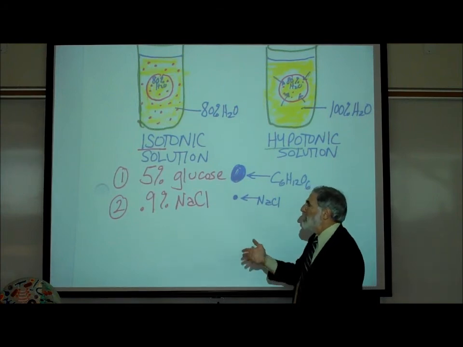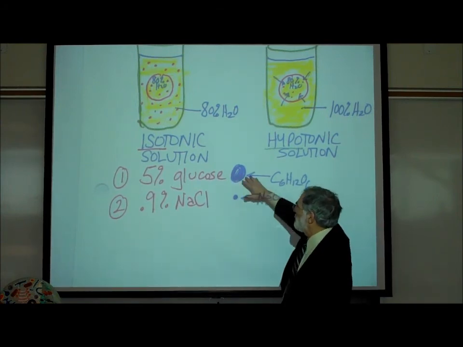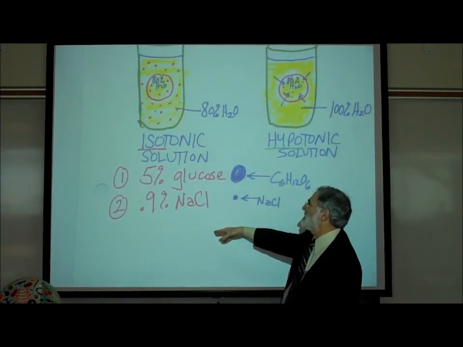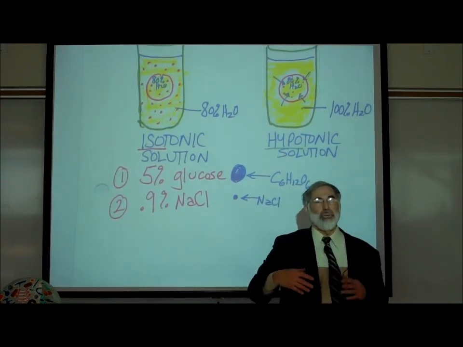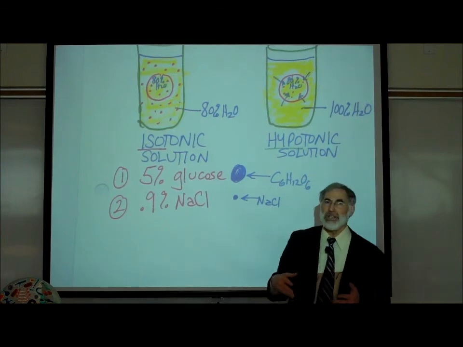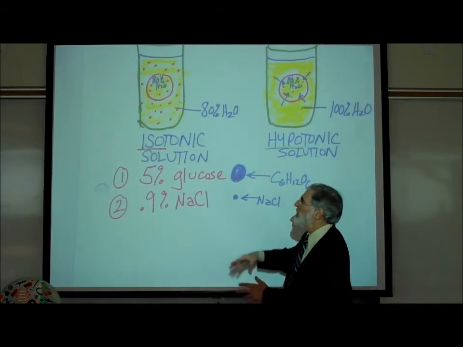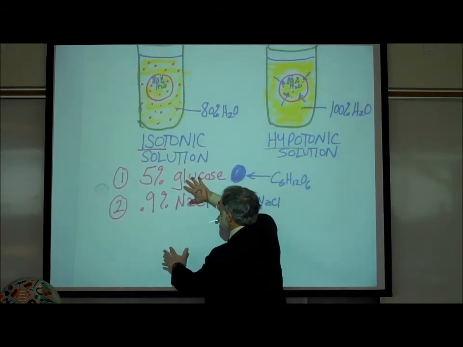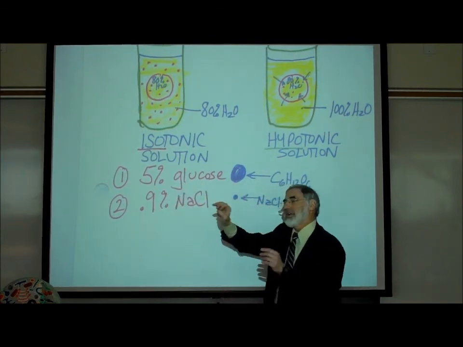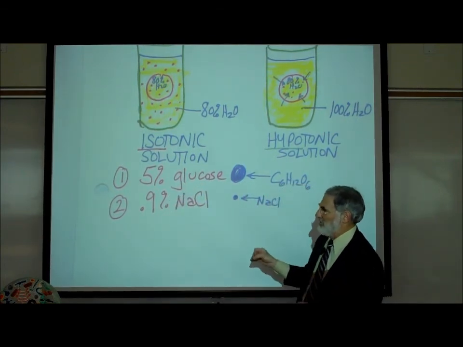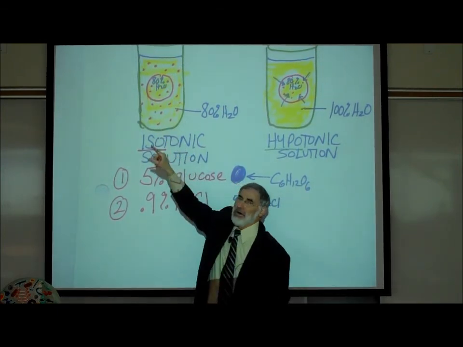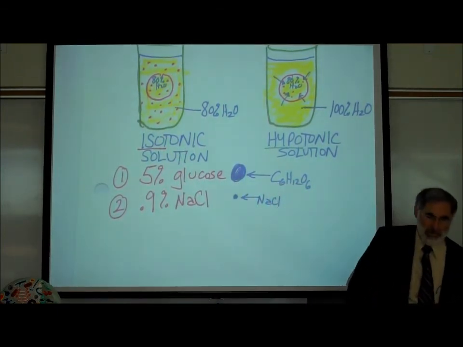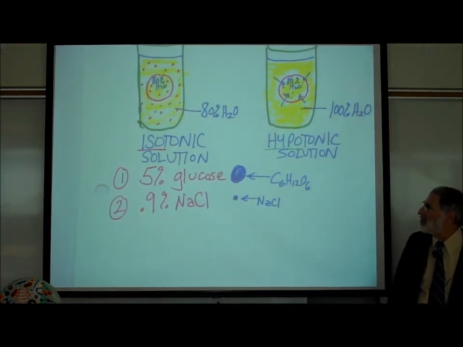In other words, imagine if you had 100 glucose molecules and 100 salt molecules. Wouldn't the 100 glucose molecules weigh more because each glucose is a larger molecule? So these two, 5 grams of glucose in 100 milliliters of water or 9/10 of a gram of salt in 100 milliliters of water, actually contain the exact same number of solute particles or dots. So those are both isotonic solutions.